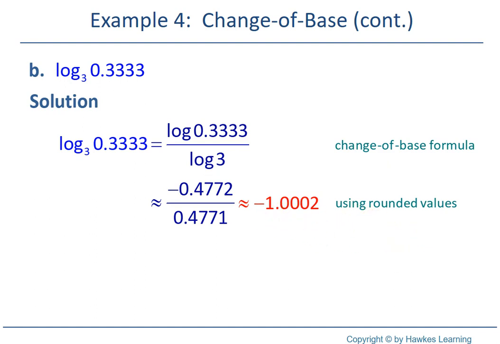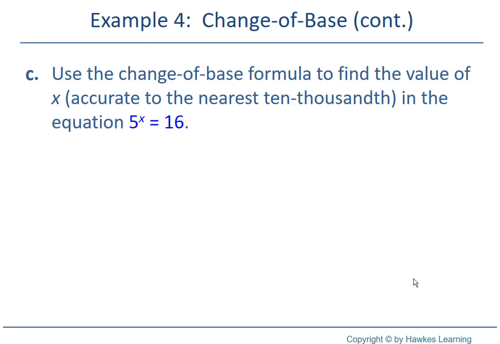So again, you want to be writing this in your notebooks. Example 4, Part B. And now we're going to use change of base formula to find the value of x accurate to the nearest 10,000ths.